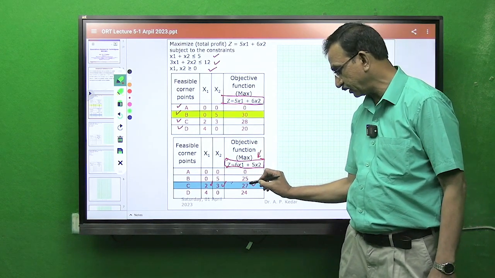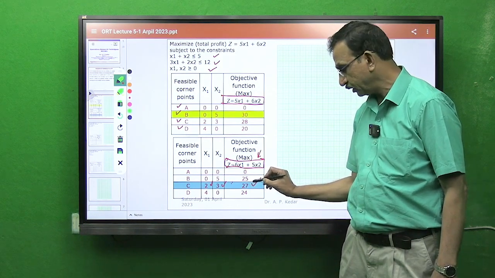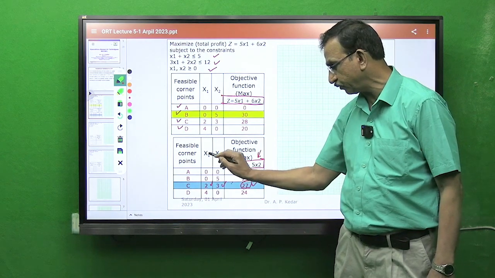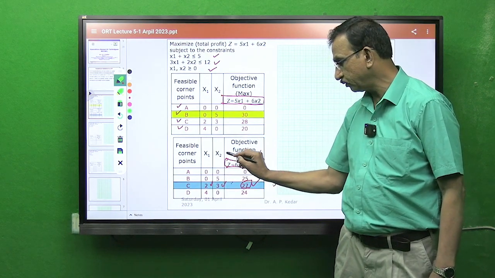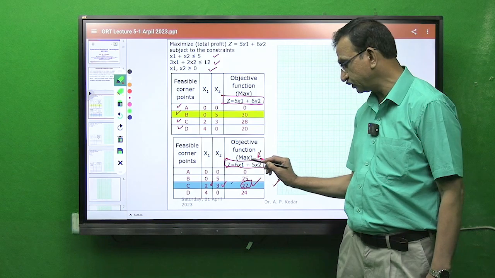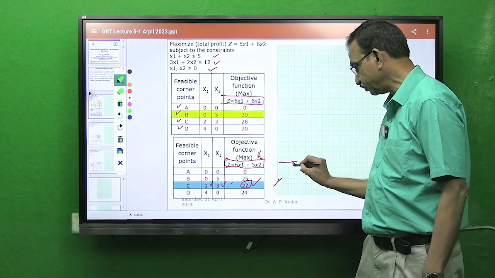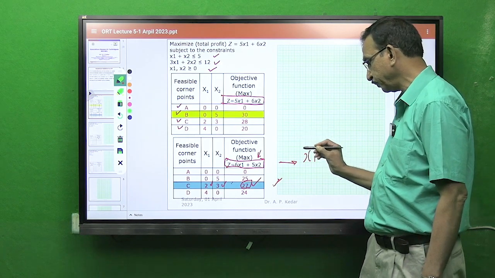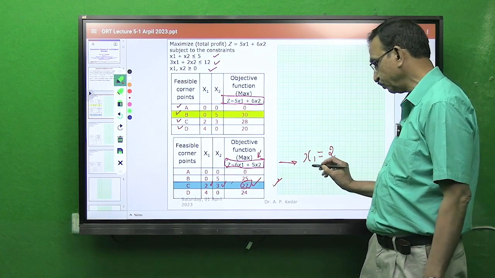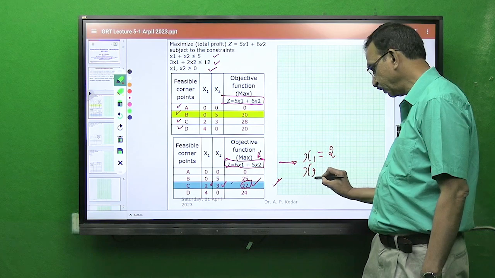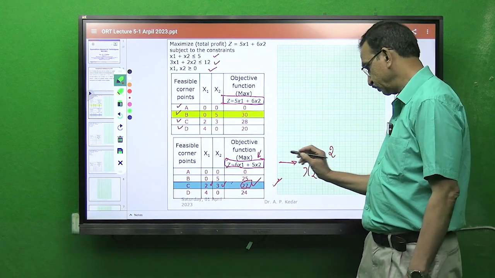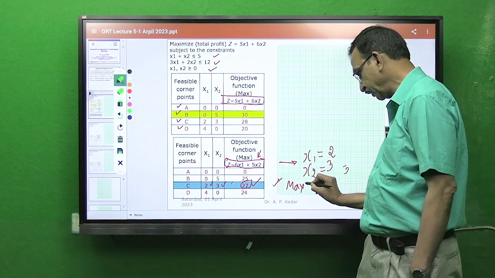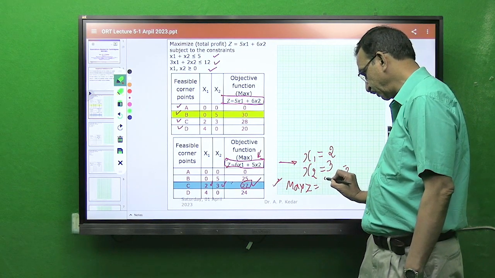So clearly, as highlighted by the blue color, the maximum value is 27, and for 27 the corresponding values are x1 equal to 2 and x2 equal to 3. So the answer will be: produce x1, alpha pain, quantity 2, and produce x2, beta pain, quantity 3 units, with maximum z equal to 27.